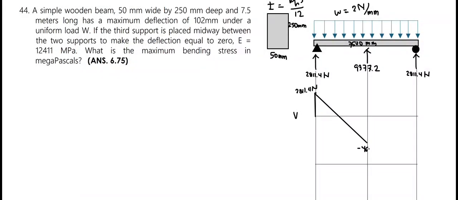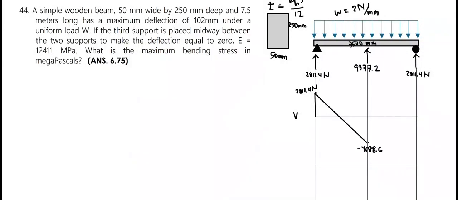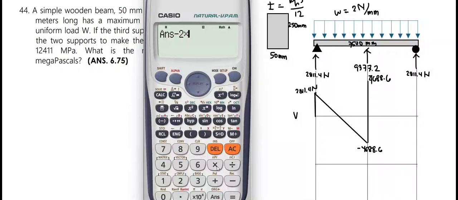Negative 4,688.6. And it goes up with a load of 9,377.2. It has a value of 4,688.6, minus the uniform distributed load 2 times 3750.